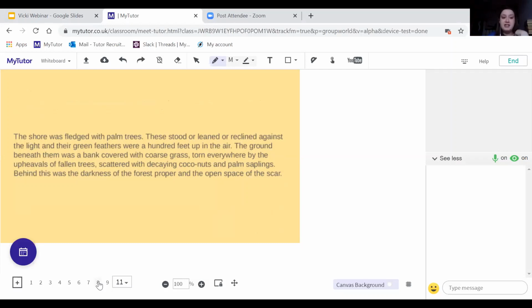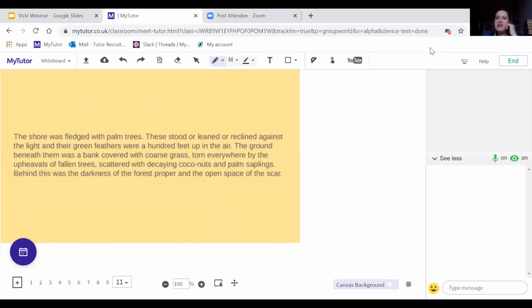So the shore was fledged with palm trees. Now, can anyone tell me what fledged means? Yeah.